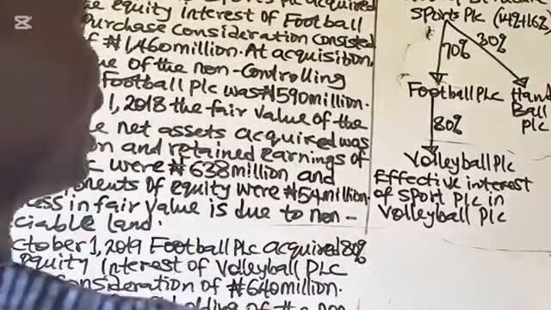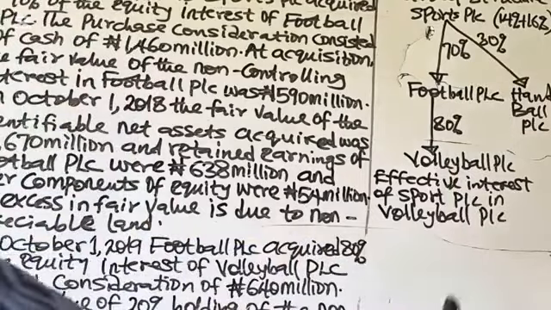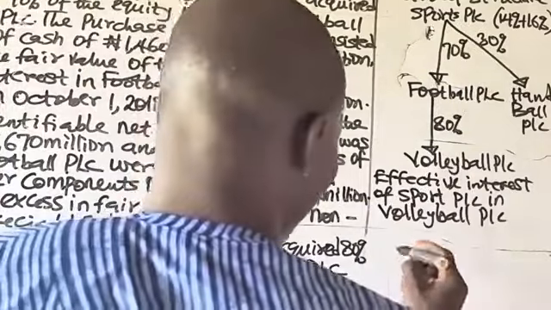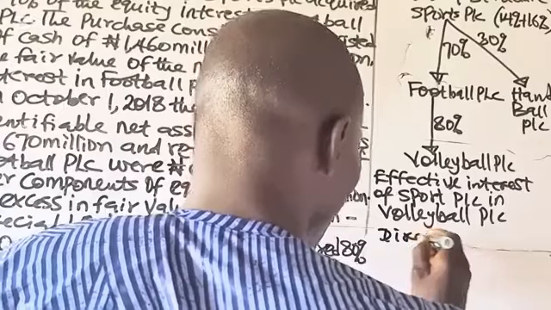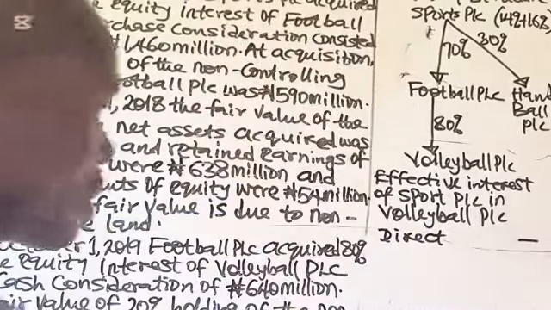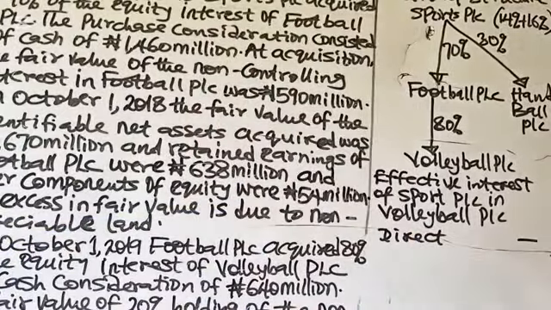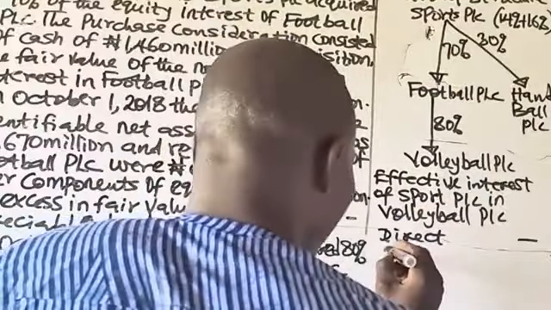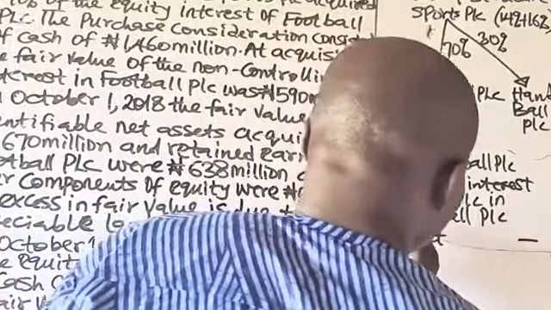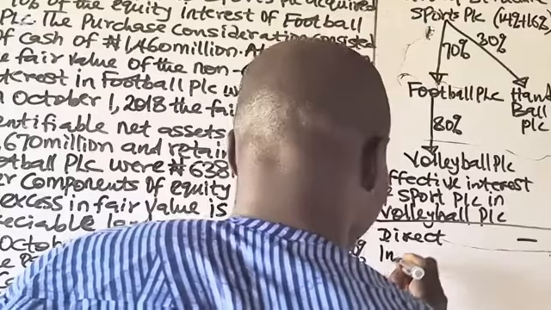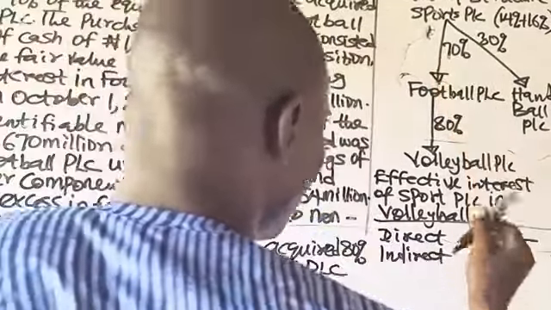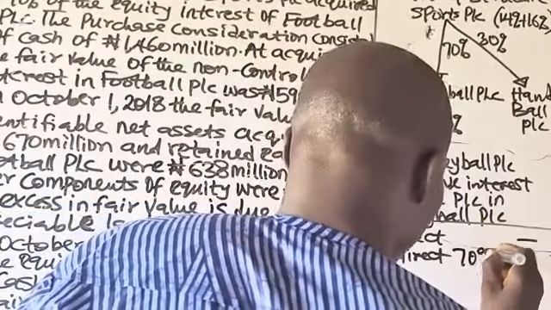Remember, Sports PLC does not have a direct investment in Volleyball. So direct is nil. Sport only has indirect control of Volleyball, which is 70% times 80%.